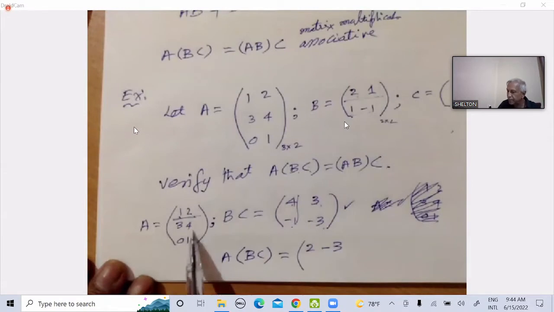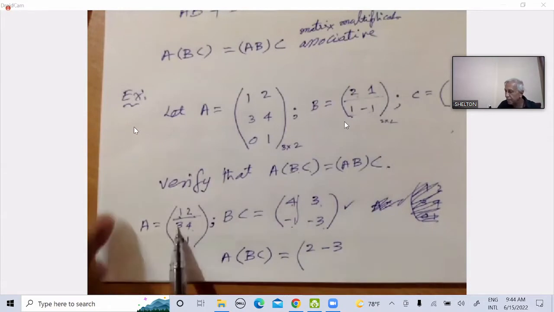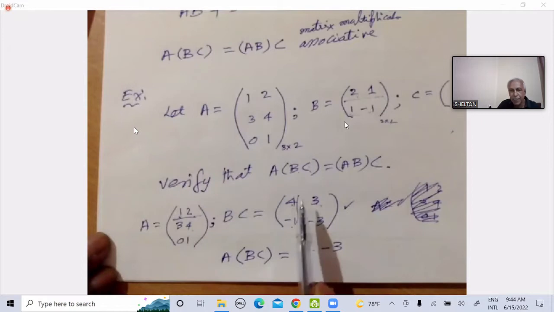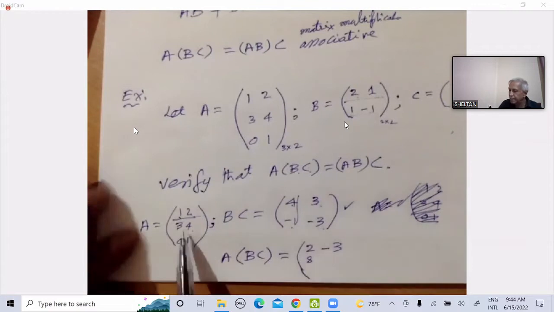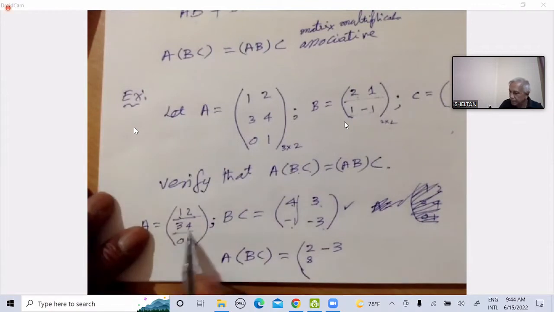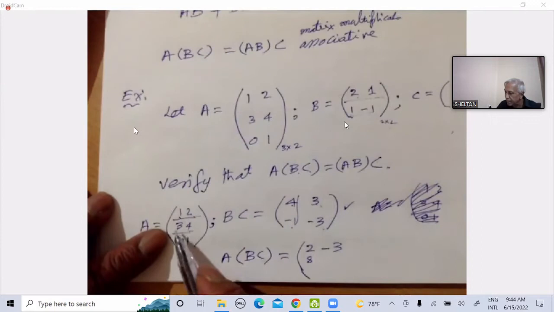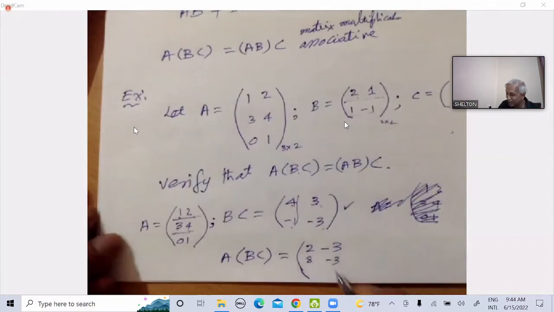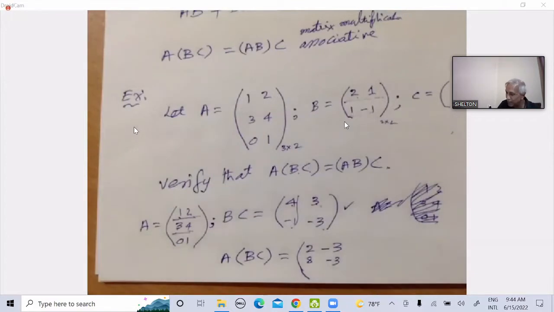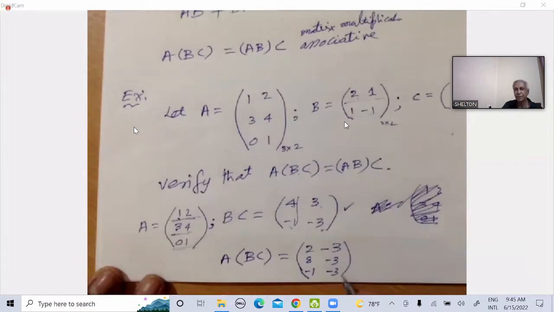Then this one times this, 3. 12 minus 4, 12 minus 4 is 8. This times this, 9 minus 12, minus 3. Check, you know. This times this, 0 minus 1, minus 1. This minus 3, minus 3 minus 3. So that is A times BC.